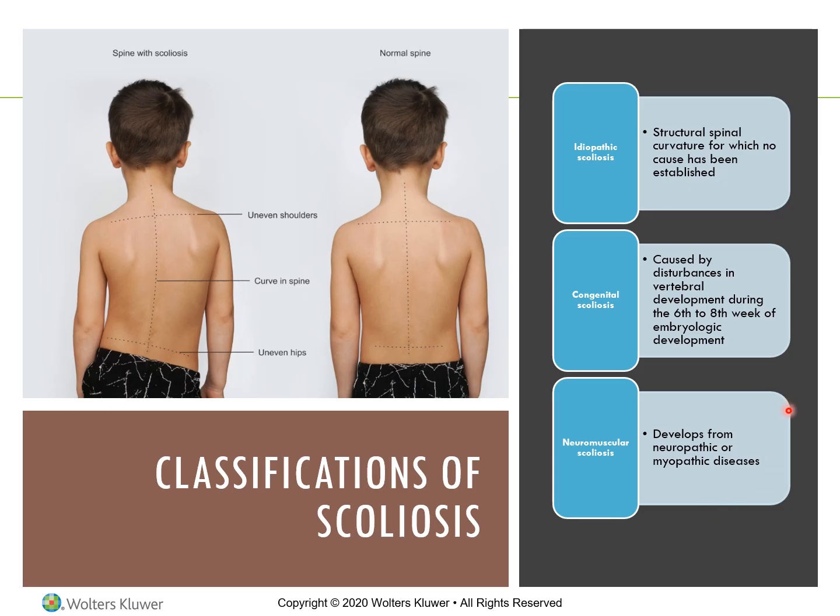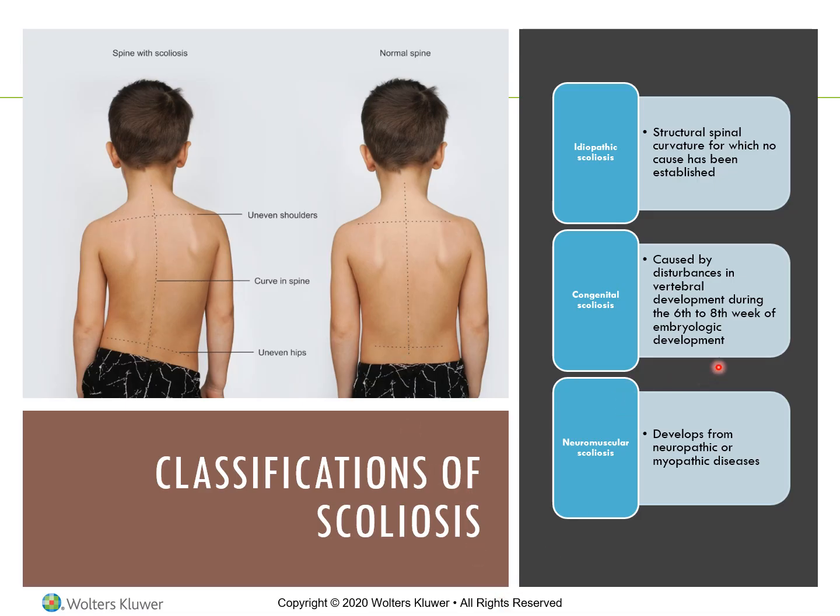So we have different classifications of scoliosis. Idiopathic scoliosis, that's the most common type. Idiopathic can happen at any age, but it most commonly starts in adolescence and is more common in girls. It's a structural spinal curvature for which no known cause has been established. That term, idiopathic, we use a lot with many different conditions, and it literally means unknown cause. So this is just something that happens. We don't know why.